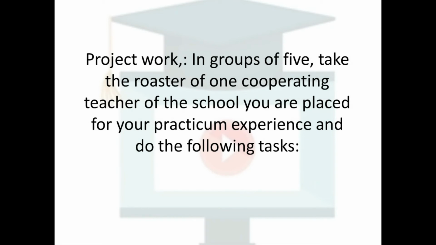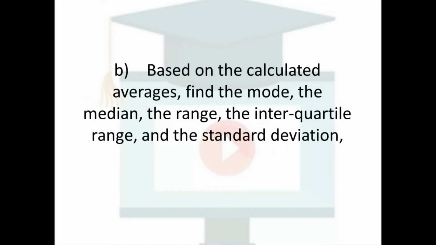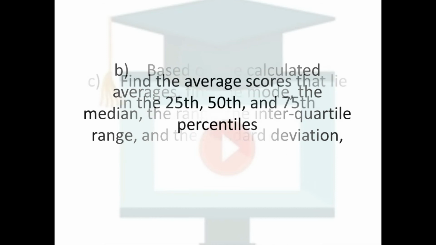Project work. In groups of 5, take the roster of one cooperating teacher of the school you are placed in for your practicum experience, and do the following tasks: calculate the average marks of the students of the section by taking 5 subjects. Based on the calculated averages, find the mode, the median, the range, the interquartile range, and the standard deviation.